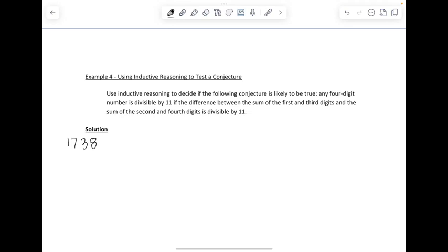So I need to find the sum of the first and third digits. That would be 1 plus 3 equals 4. And then we'll look at the sum of the second and fourth digits. 7 plus 8 equals 15. The difference between those numbers is 15 minus 4 equals 11. 11 is definitely divisible by 11.